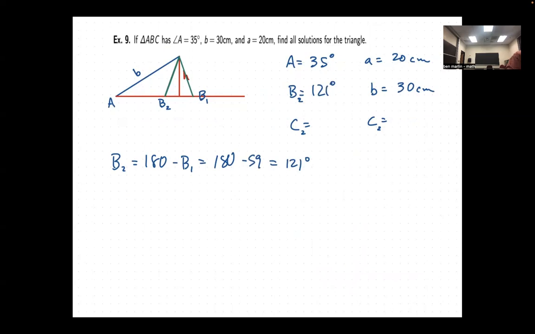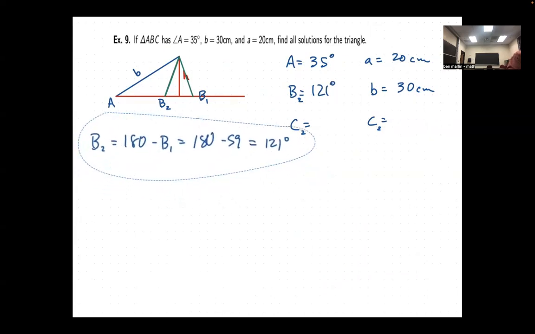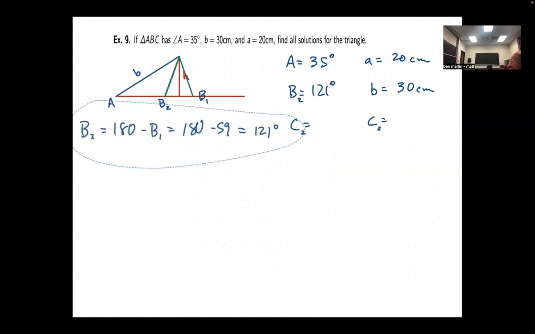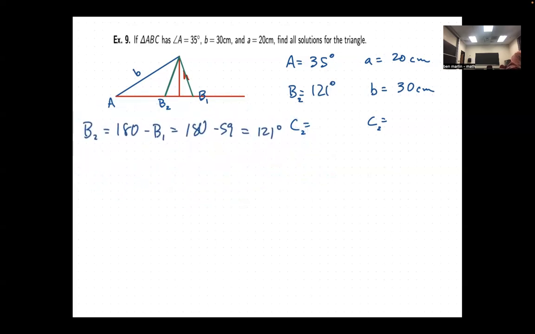The reason that we have that is that if you look, these two angles here have to be the same because it's an isosceles triangle. So if you take this angle and subtract it from 180, you get the thing that remains.